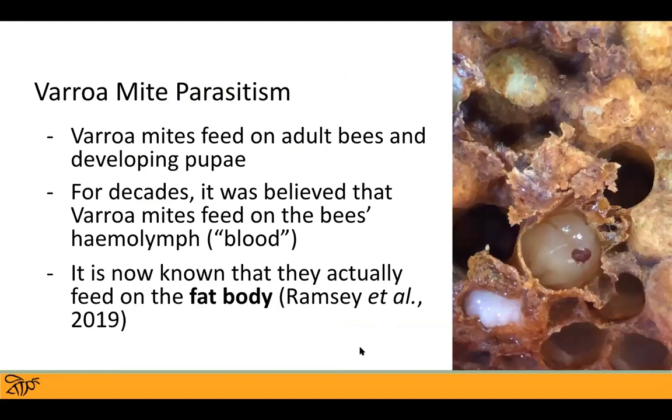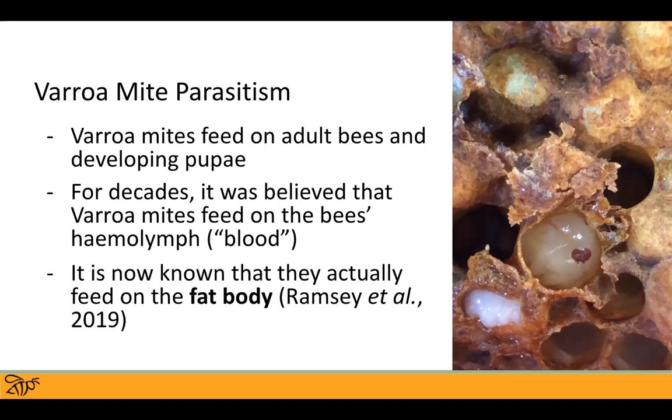All right, so we have already mentioned that Varroa mites feed both on adult bees and developing pupa, but what exactly is it that they are eating? So if you have read a textbook or an article that was written before 2019, it will tell you that they are feeding on the bee's hemolymph, which is the insect equivalent of blood.